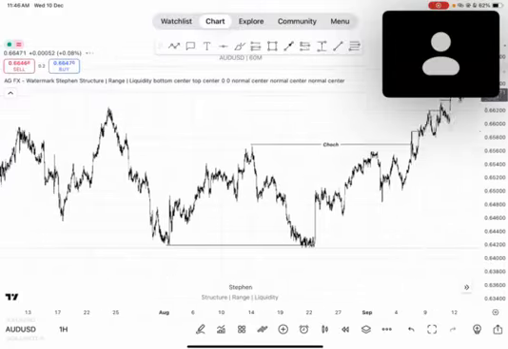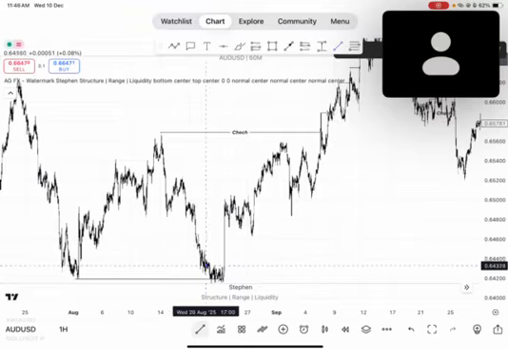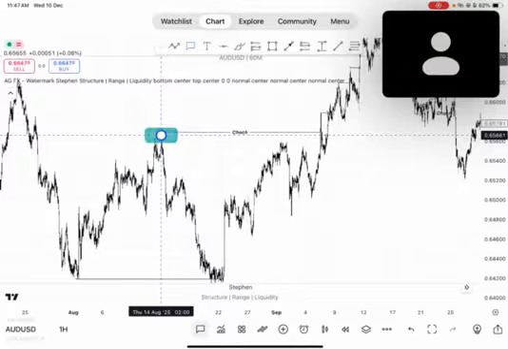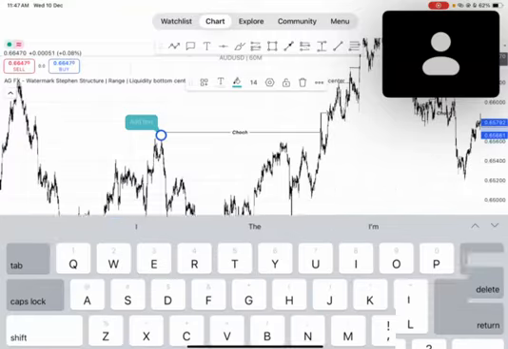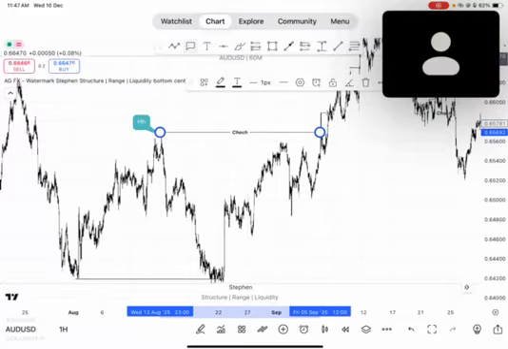With what we have marked, the market changed the trend from this downtrend to this uptrend like this. This is our HH. Once it has changed the trend, we have our HH there. Okay, and then we have our HL.